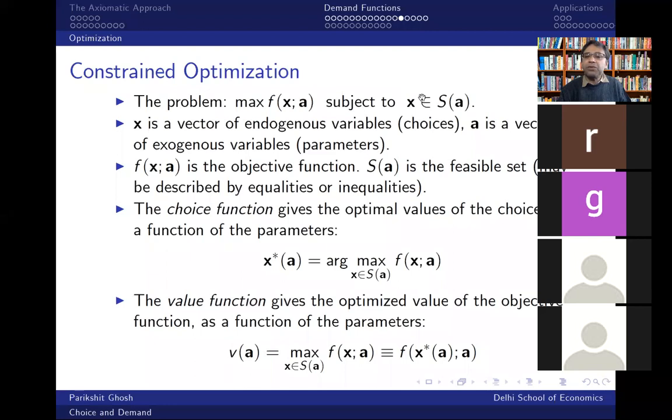That X has to come from within a set. That set could be described by a set of equalities, inequalities, what have you. I have made the set itself, or the size or the shape of the set, a function of the parameters. So it's a function of vector A. So if any one of the parameters change, then the feasible set will potentially change.